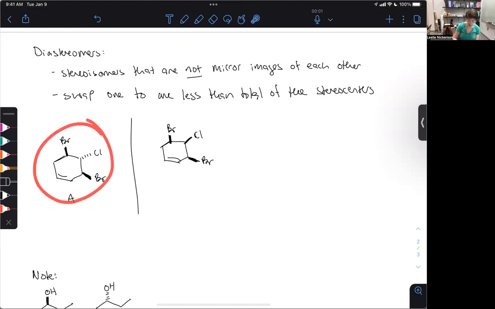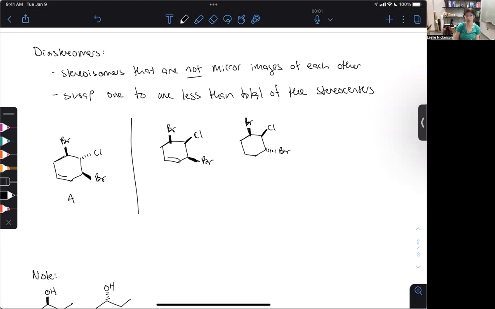These, no matter how you try to line it up, are not going to be mirror images anymore. But they're also stereoisomers, so they're different in 3D space. So let's look at changing two. That's going to be a diastereomer, and it does not matter which ones. All of these are diastereomers.